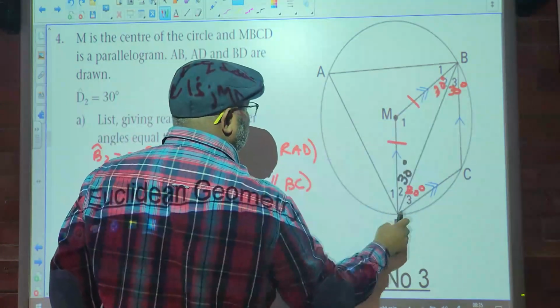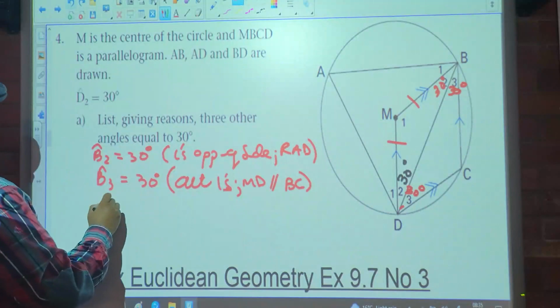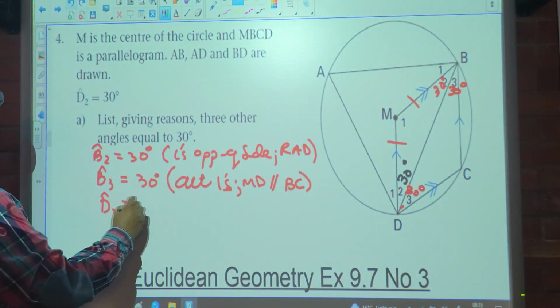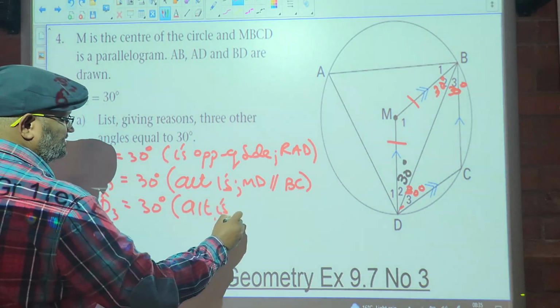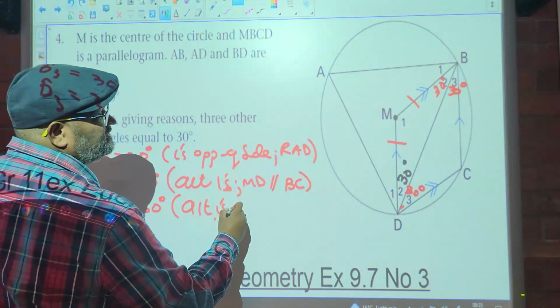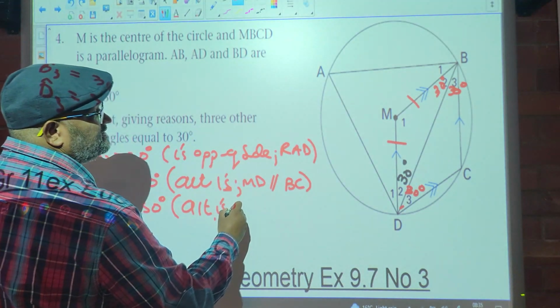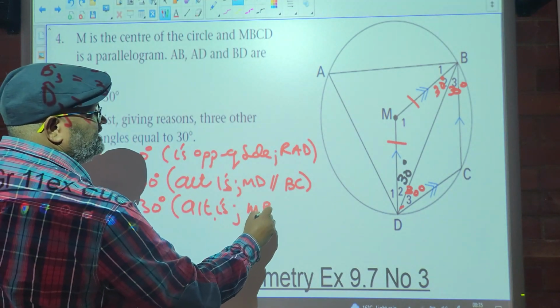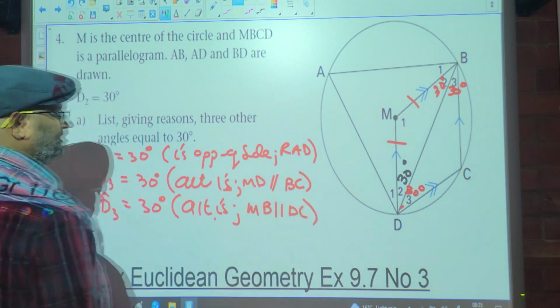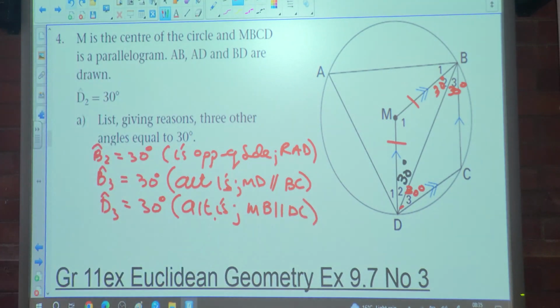The alternate going that way now. So D3 is 30 degrees, again alternate angles with MB parallel to BC. Okay, so there we got 3 other angles equal to 30.